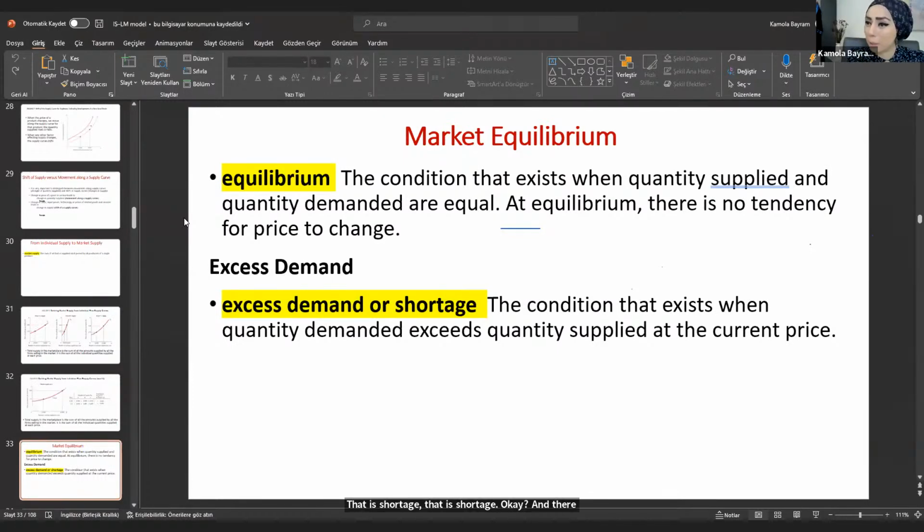For example, if as a producer, I'm selling this product like rice for $1 per kg in this market, but I know that if I sell at, let's say, $5 in a different market, of course I will export it, right? Because my motivation is to sell my product for the highest price possible. So excess demand is known as shortage.